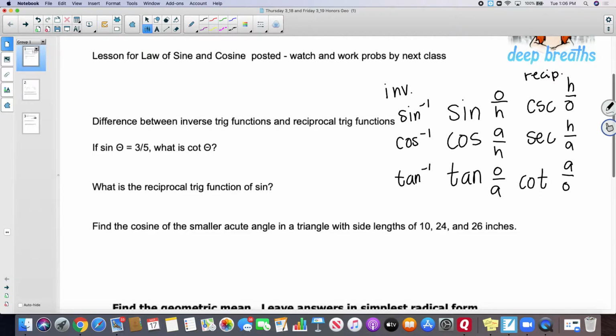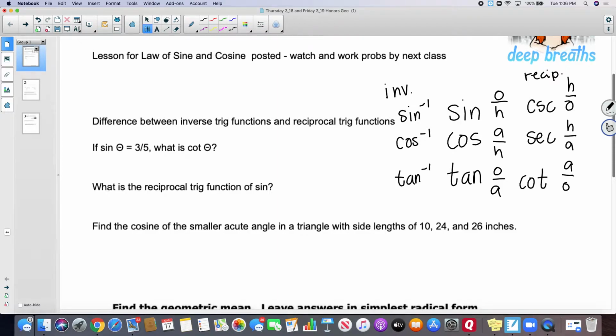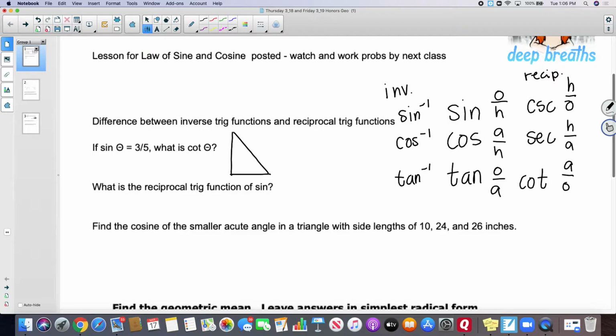So over here when it says if sine theta equals 3/5, what is cotangent theta? On the first day we did this, I told you to draw a picture of a triangle. Here's your right angle. It doesn't matter which one theta is, so we'll make theta this one. And sine is opposite over hypotenuse, so that means your opposite is 3 and your hypotenuse is 5.